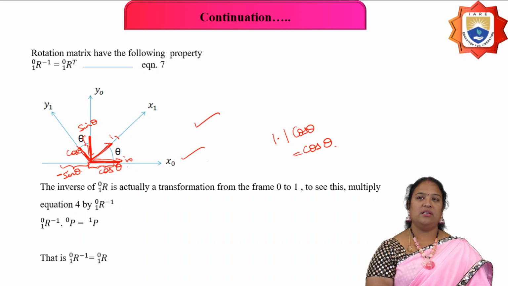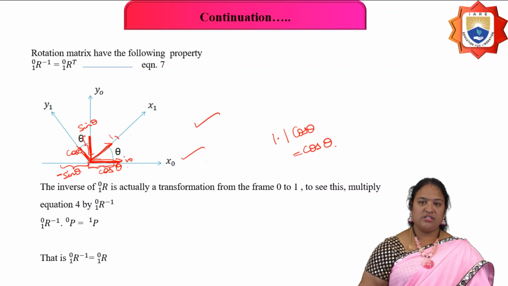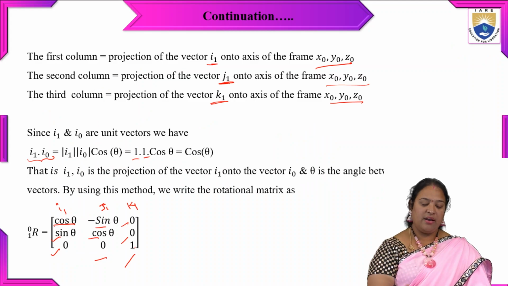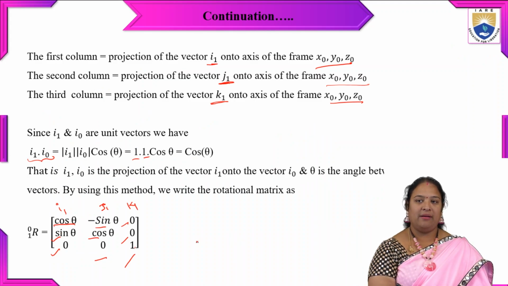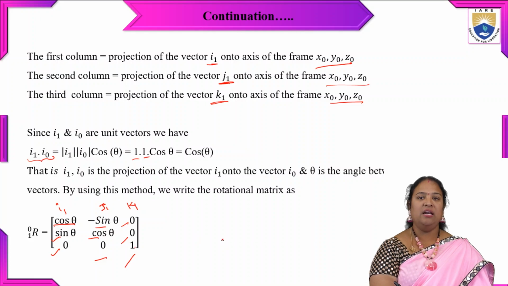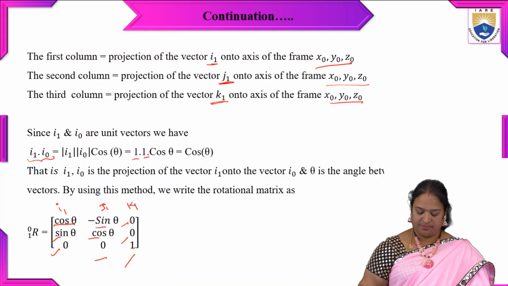So, the rotational matrix from frame 1 to 0 is: row 1, cos theta, minus sin theta and 0; row 2, sin theta, cos theta and 0; row 3, 0, 0 and 1, with respect to the unit vectors I1, J1 and K1.